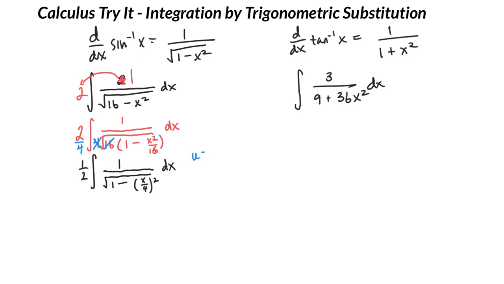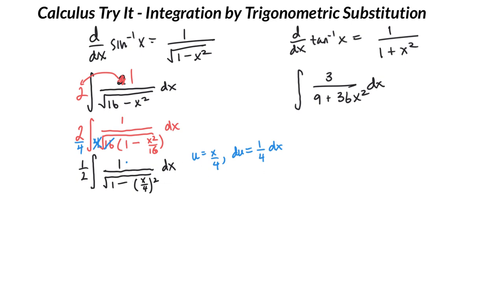If u is equal to x over 4, then du is equal to just 1/4 dx. And the way I always handle this is I think I would like the numerator to be exactly what I see here. I'd like to just replace the whole dx thing with du. So instead of 1 dx, I want 1/4 dx.